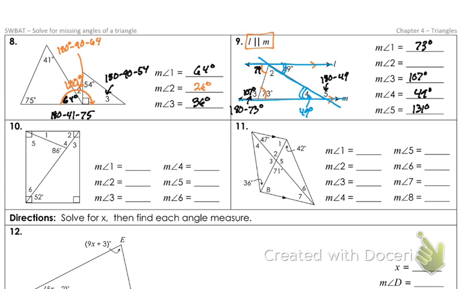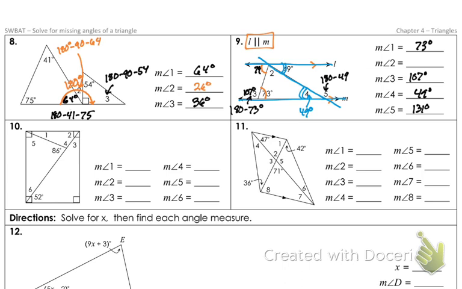I have 2 ways that I can think of getting to angle 2. Can anyone help me out with a way to get to angle 2? Lacey? Never mind.